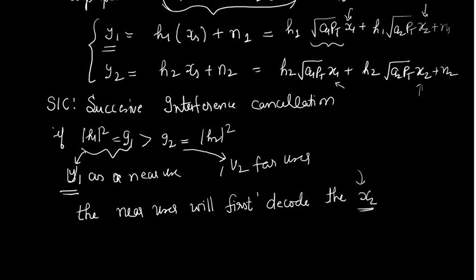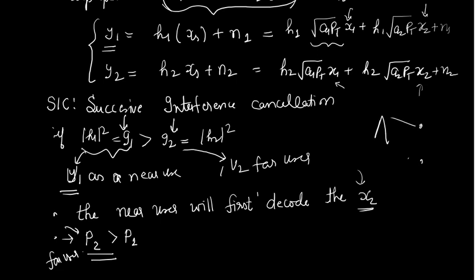In order to do so, we provide more power to the far user as compared to the near user. So if U1 is the near user and U2 is the far user, we will allocate more power to the far user.